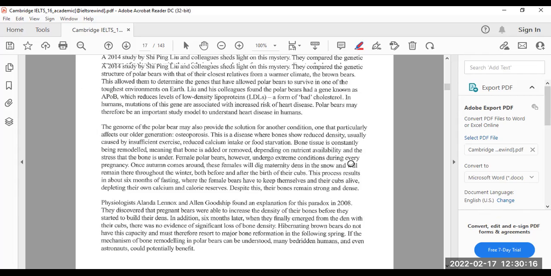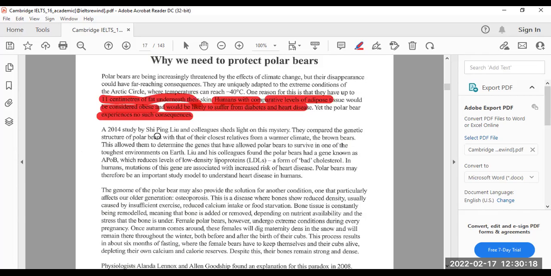So again, I go to the passage. I make sure that Shiping Liu and his colleagues have done some research about polar bears. It's true. And they compared the genetic structure of polar bears with the closest relative from the warmer climate, brown bears.